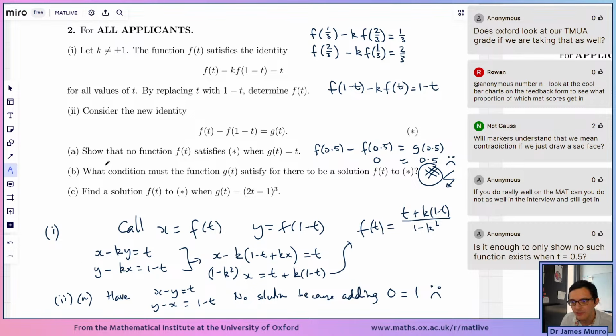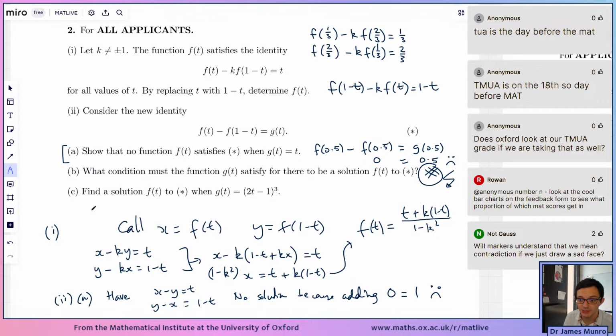Okay, so summary now. We've shown that there's no solutions when g of t is t in this part. And now in the next part, we're asked, okay then, what should g of t do if you want to get solutions for f of t?